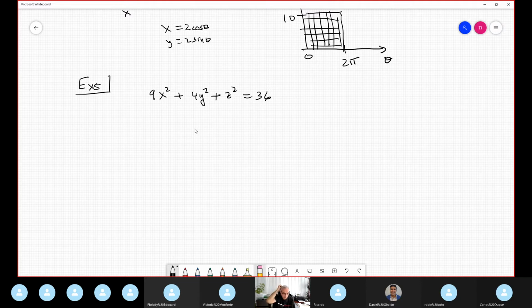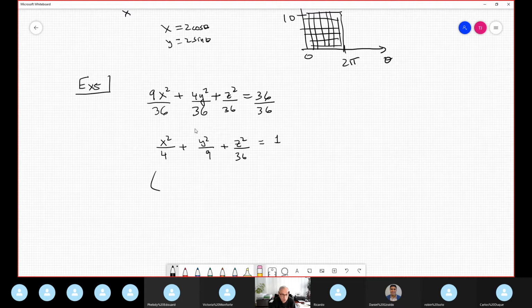And the fantastic way to understand the ellipsoid much better is to express it in standard form. You divide everything by 36, because the right hand side must be 1. So we have x squared over 4 plus y squared over 9 plus z squared over 36 equals 1. This is equivalent to saying (x over 2) squared plus (y over 3) squared plus (z over 6) squared.